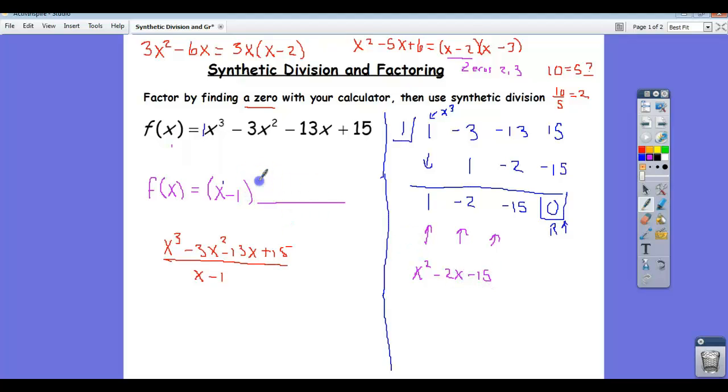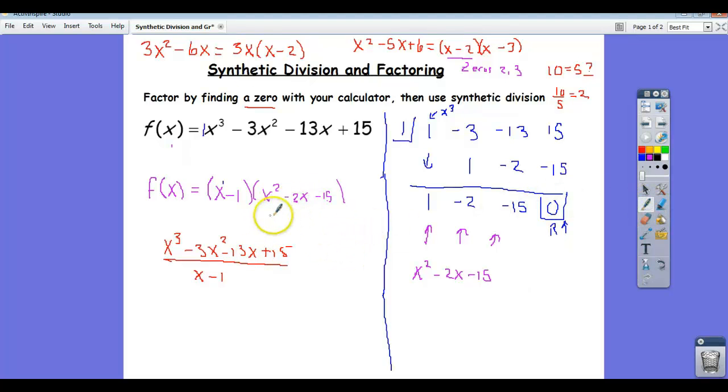So that's what goes here. Alright, so that's how synthetic division is used to help you factor. If you know one of the zeros, you can use synthetic division to break down your polynomial.